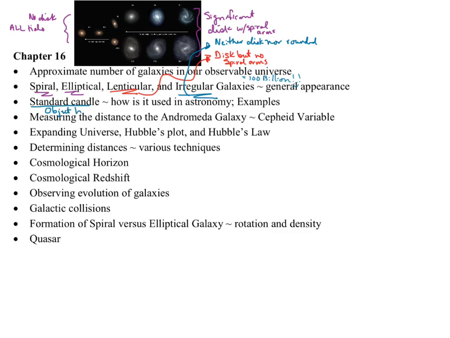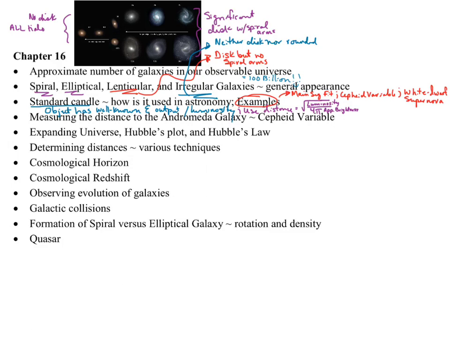Standard candles, they're objects that have a well-known luminosity, or how much energy they're putting out. And we use them in astronomy to basically understand how far away that standard candle is. So we know that we can say distance is equal to the square root of luminosity divided by 4 pi times the apparent brightness.